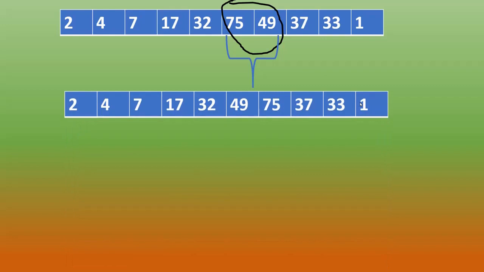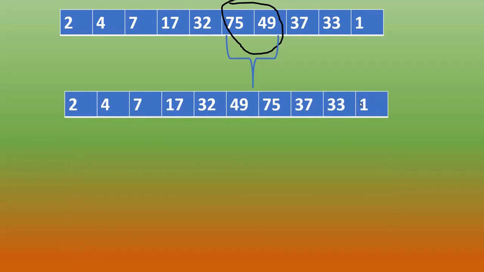Now again we are going to compare 75 with 49. The same procedure you have to repeat till you reach the end of the list. 75 with 49, exchange takes place. Now the status of the list is like this.